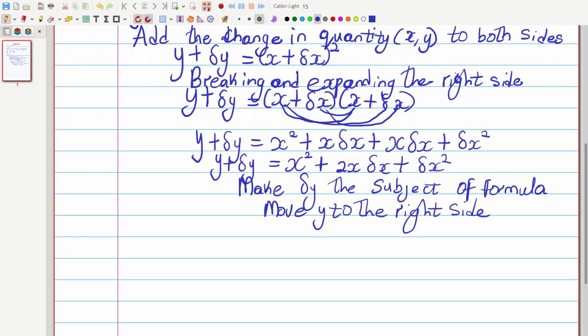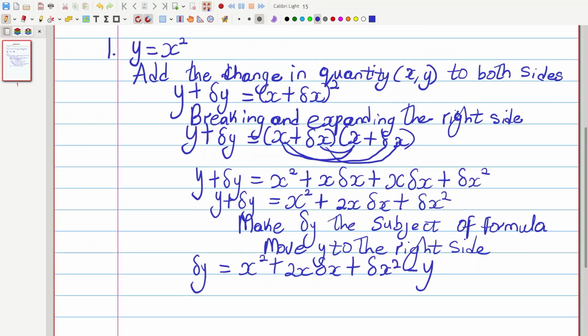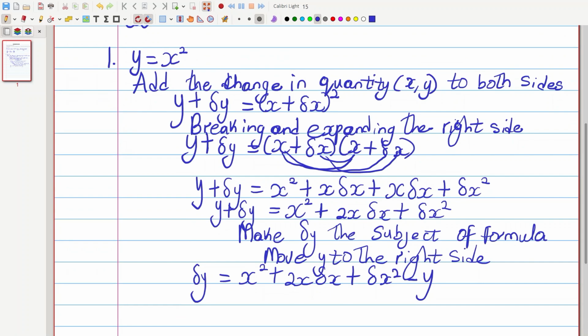So now it will be delta y is equal to x squared plus 2x delta x plus delta x squared minus y, because we moved it to the right hand side. Let's remember that in the beginning we said y is equal to x squared.